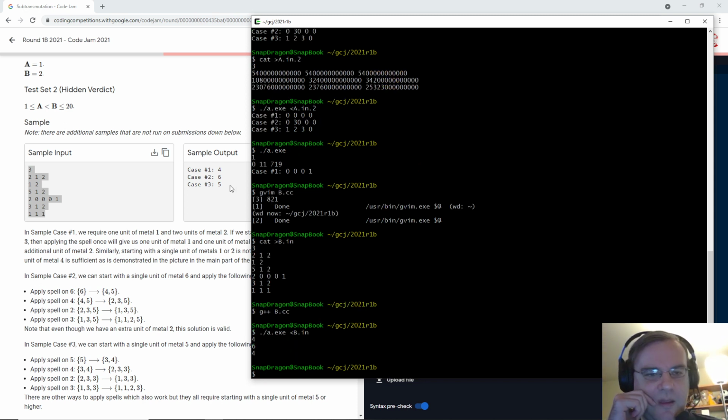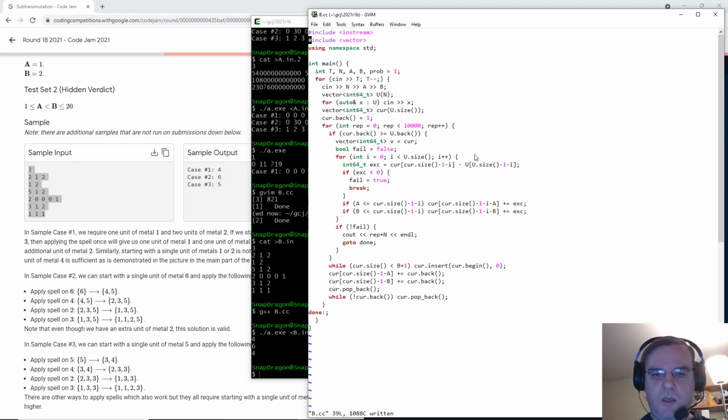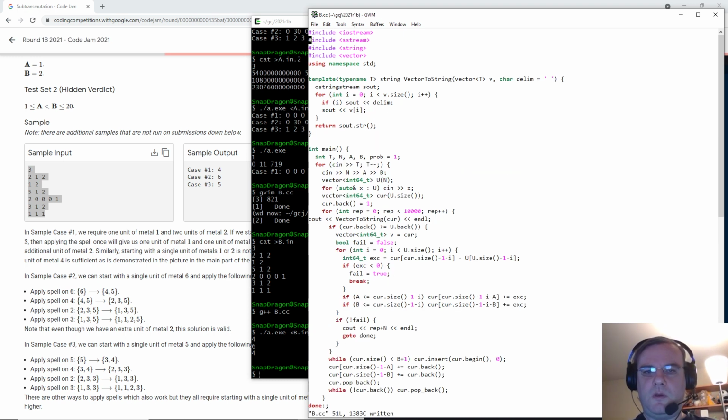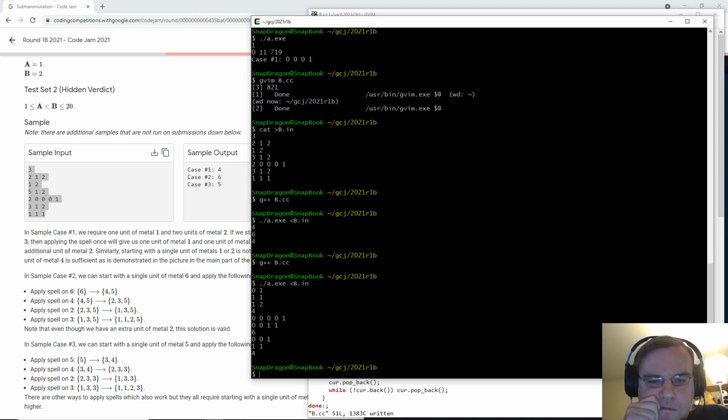Four, 6, 5. Okay, so that's a problem. So we've got 5, 1, 2. We need 2 units of this and 1 unit of this. Oh, sorry, that's... Okay, for this one we need 3 units of this.